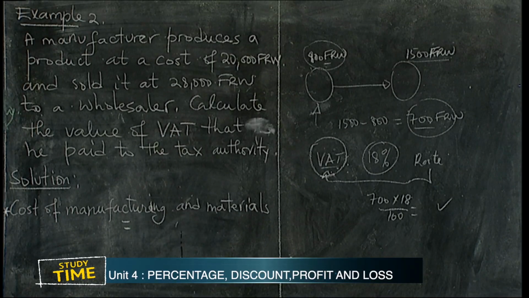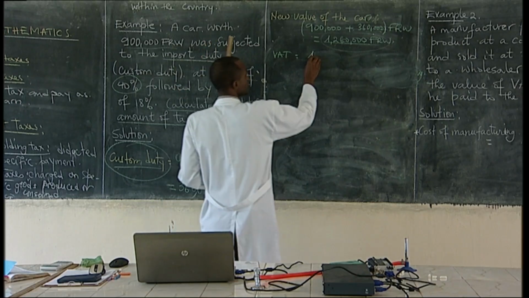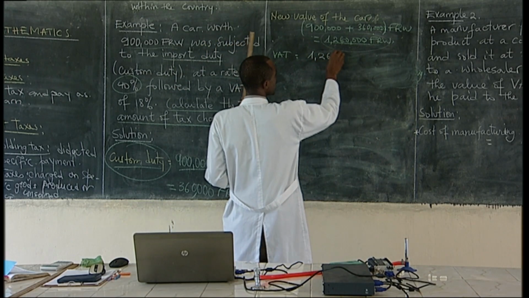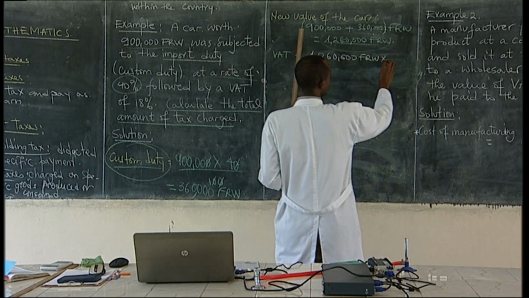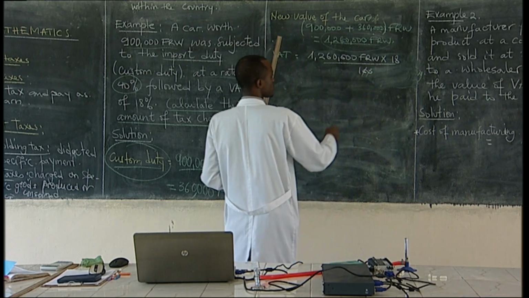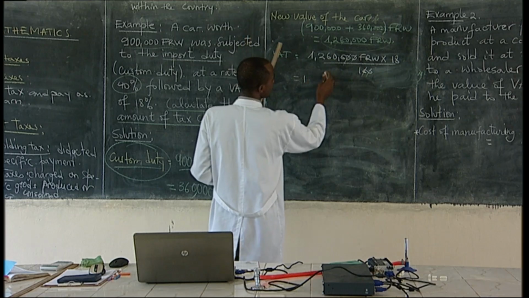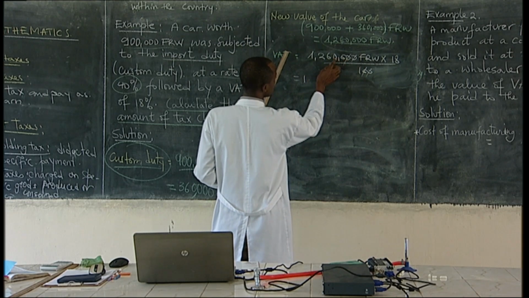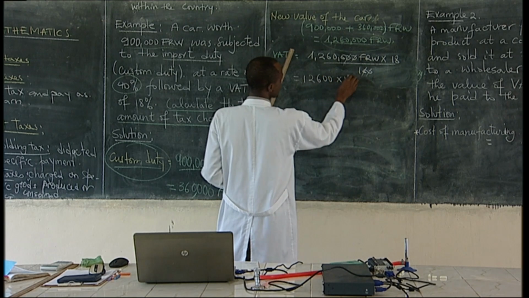So now, after getting the new value of the car, you need to calculate its VAT. You take 1,260,000, multiply by 18 and divide by 100. These zeros cancel, and you remain with 12,600 times 18.